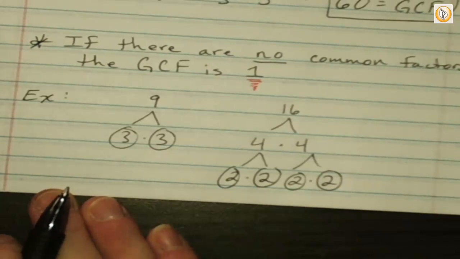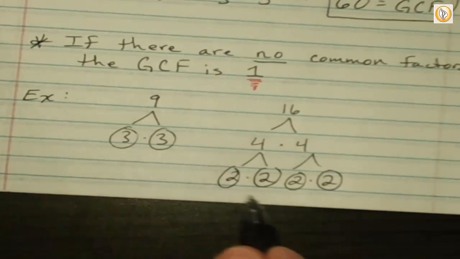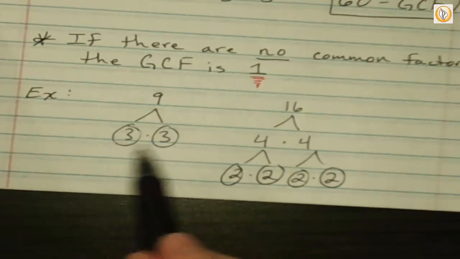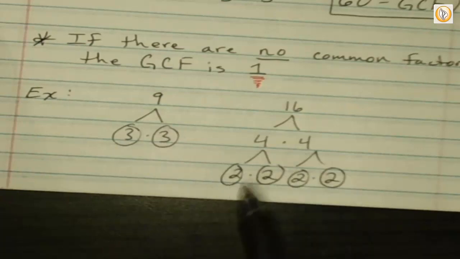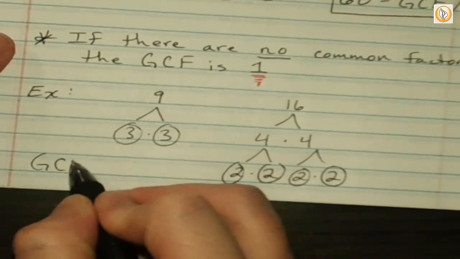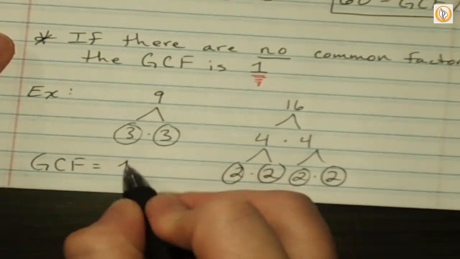Just by looking at these, do they have any prime factors in common? Kelly, do you see that? Yes. See, 9 has just 3s, and 16 has just 2s. They have nothing in common, so the GCF is 1.